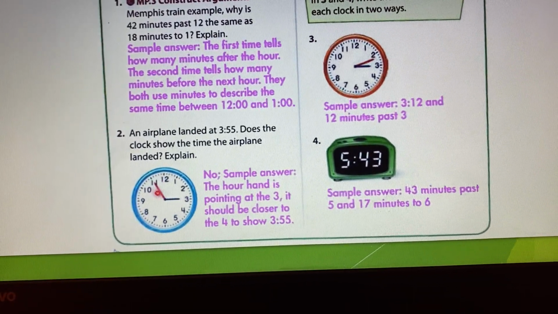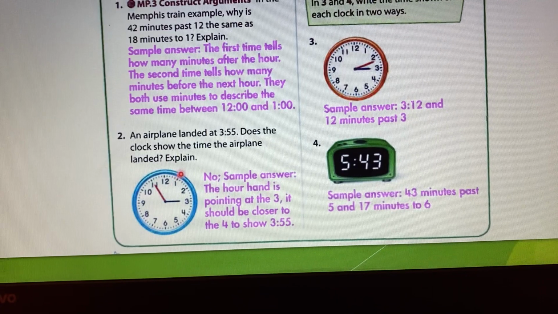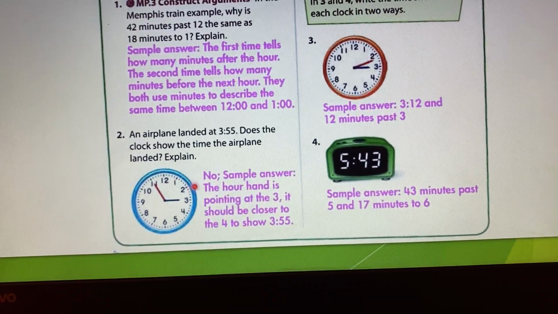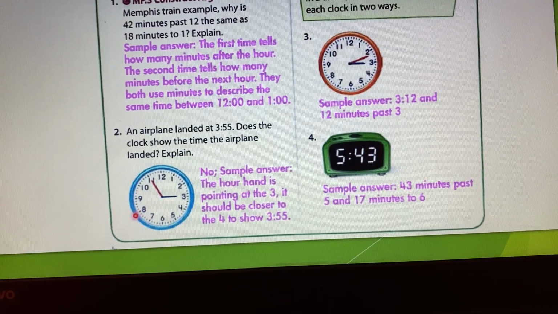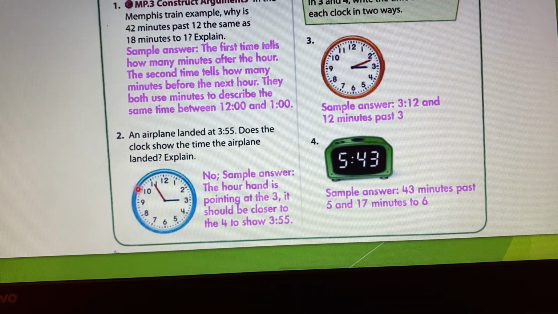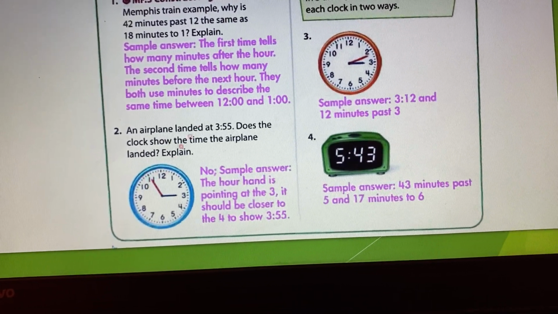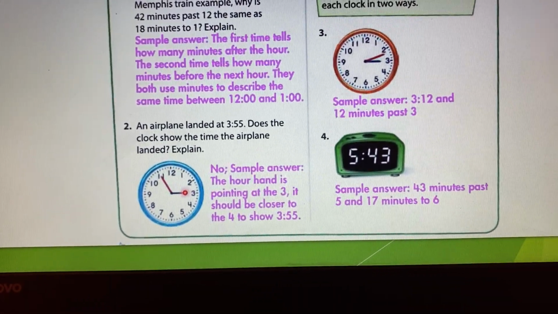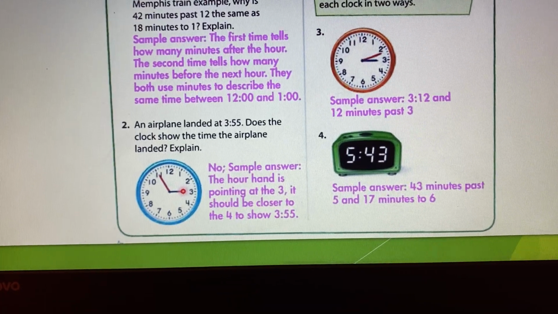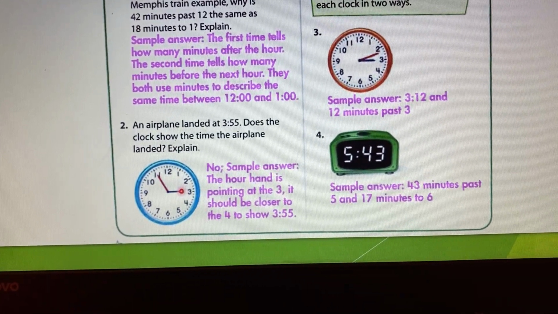Now look at the long hand: 5, 10, 15, 20, 25, 30, 35, 40, 45, 50, 55. It's correct. This one is correct. But there is something wrong with the short hand. Do you know what it is? Think about it.